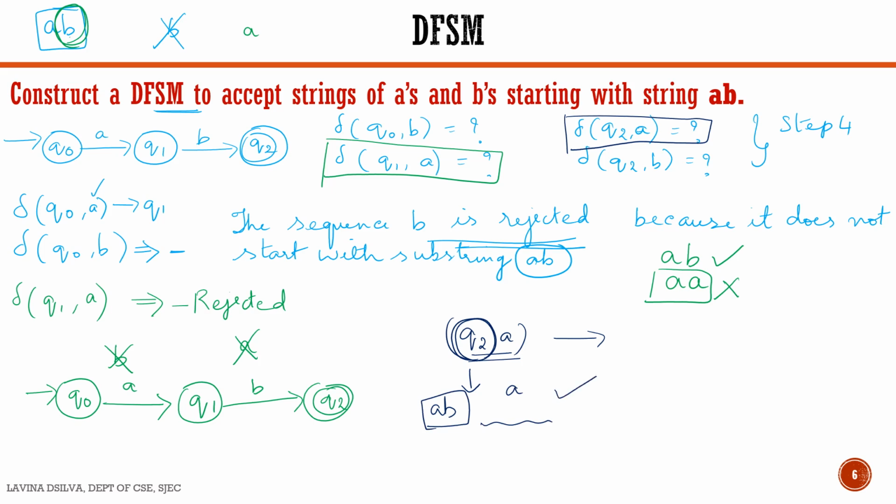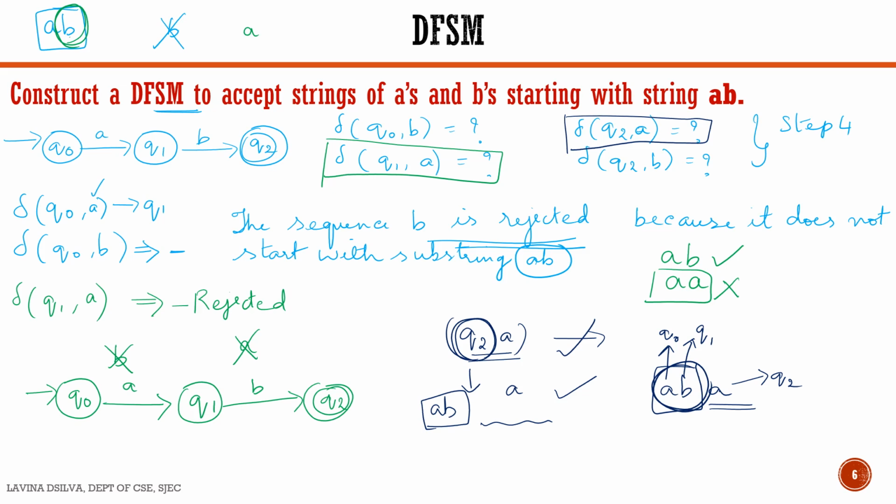Yes, because it is a string AB and then A. This was state Q0, this was state Q1, and this is in state Q2. So we are not worried about this because we have already seen string AB. So we accept this transition.